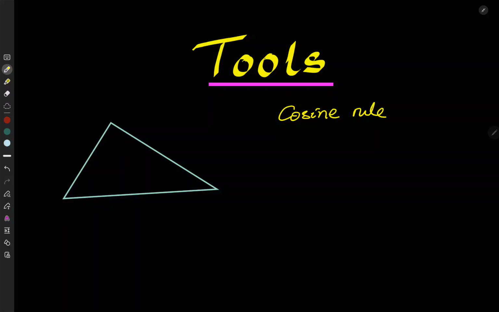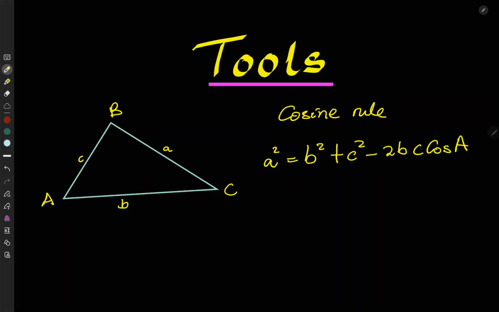So if this triangle here is A, B, and C, then with side C, side A, and side B, you can calculate side A as A squared is equal to B squared plus C squared minus 2BC cosine of A.